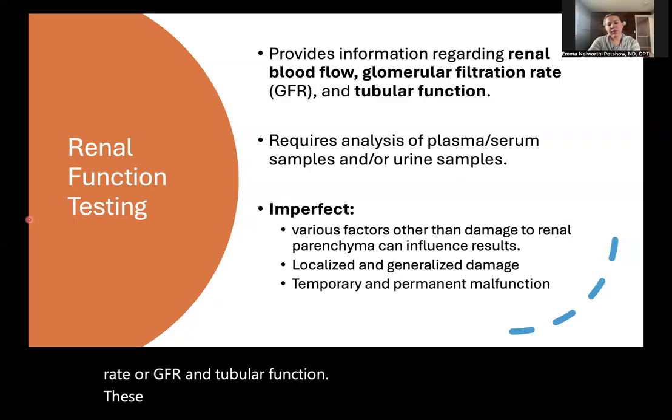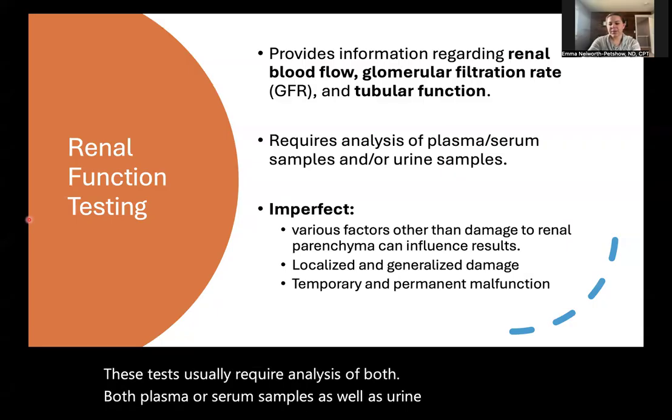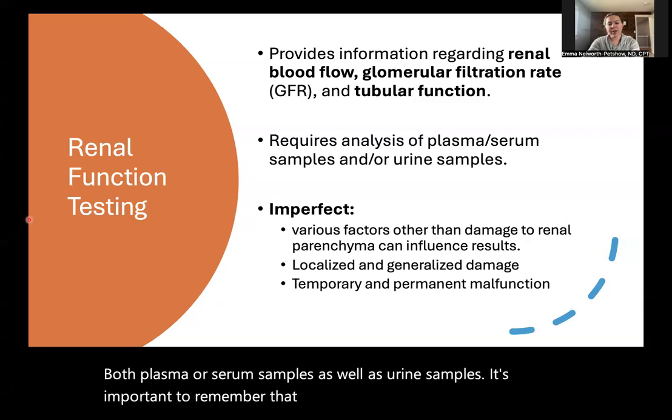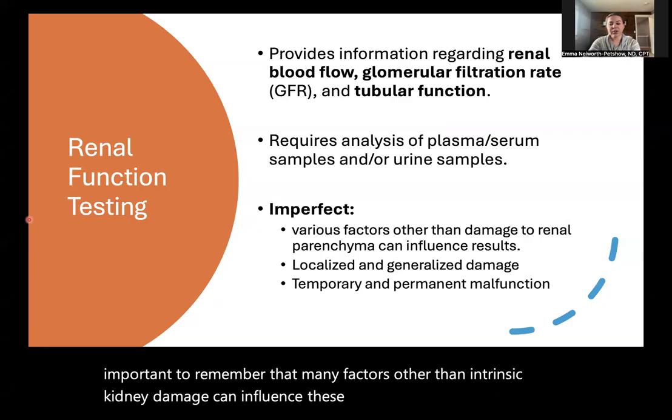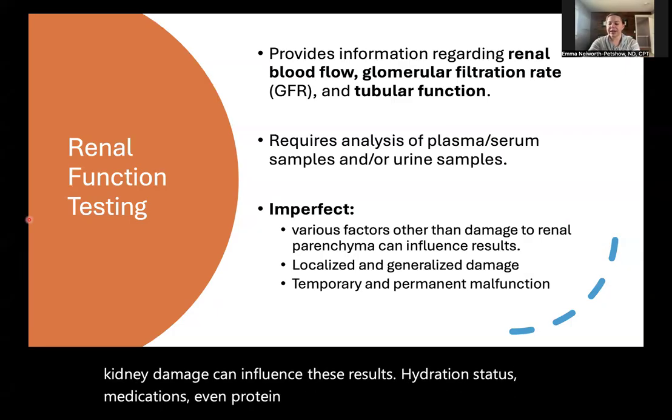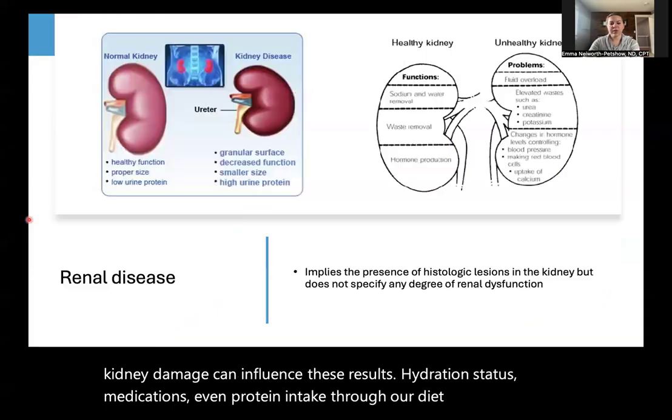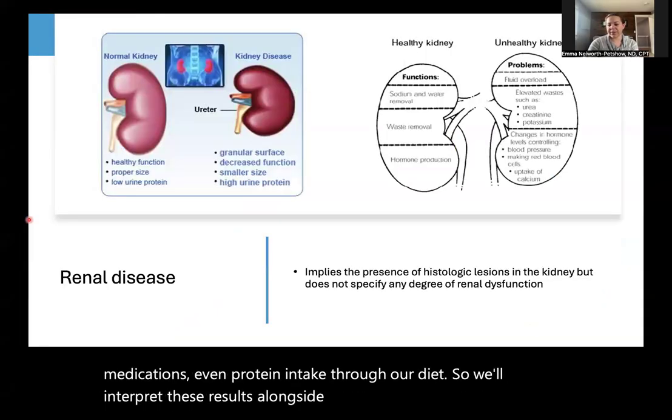These tests usually require analysis of both plasma or serum samples, as well as urine samples. It's important to remember that many factors other than intrinsic kidney damage can influence these results: hydration status, medications, even protein intake through our diet. So we'll interpret these results alongside patient history.